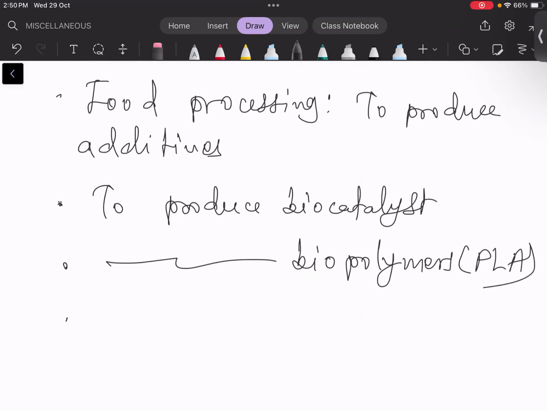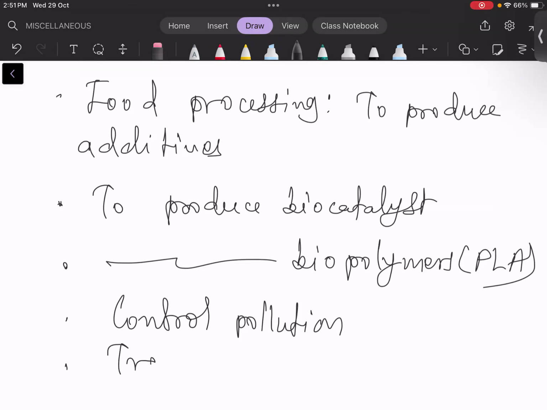Then biotechnology is used to control pollution and to treat wastewater.